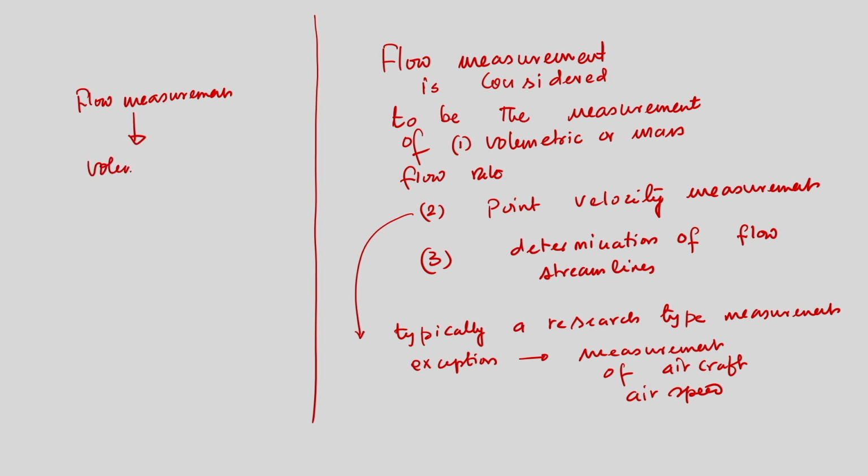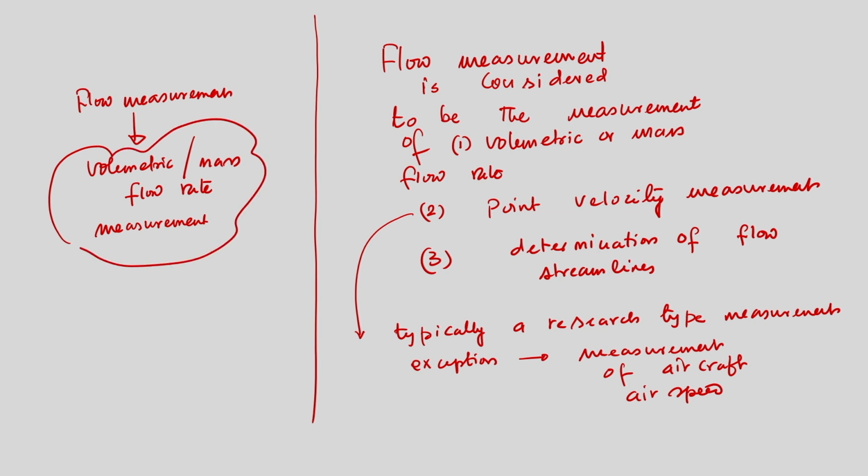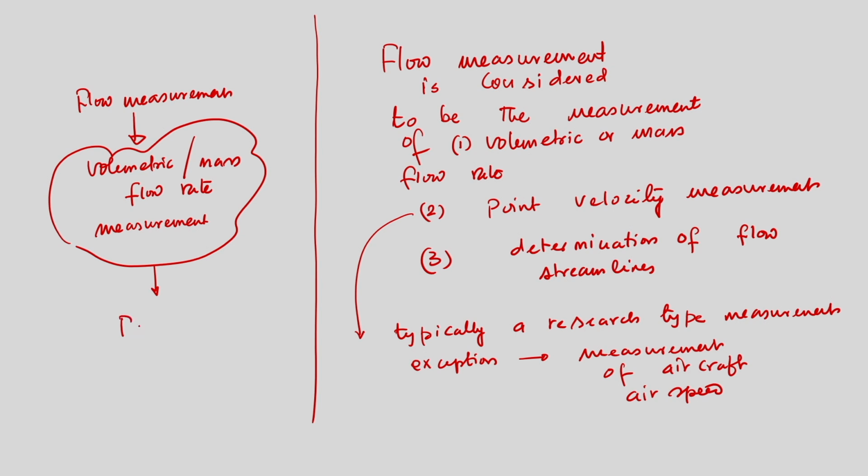So, we will be focusing on this part today, and as we have seen in our undergraduate fluid mechanics course, this is called flow obstruction flow rate measurement, whether it is volumetric flow rate or mass flow rate.